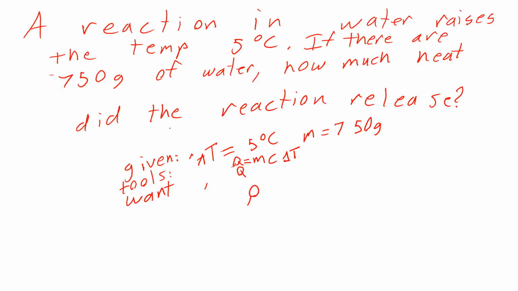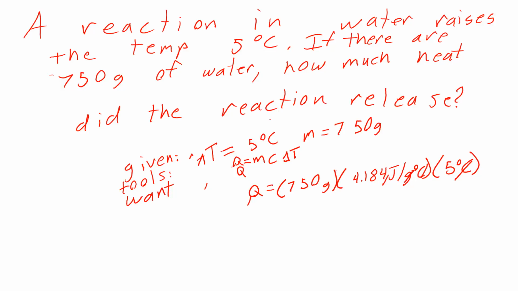So we'll just plug all these things in. Q is equal to mass, which is 750 grams, times the specific heat of water, because that's a constant, 4.184 joules per gram degrees Celsius, times our delta T, which is 5 degrees Celsius. Degrees Celsius is going to cancel.